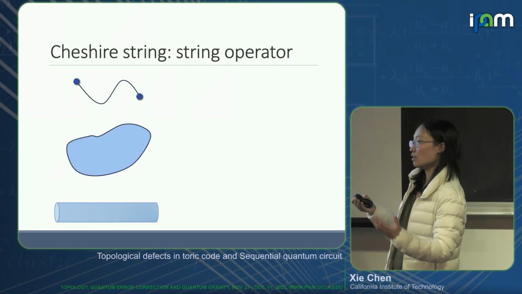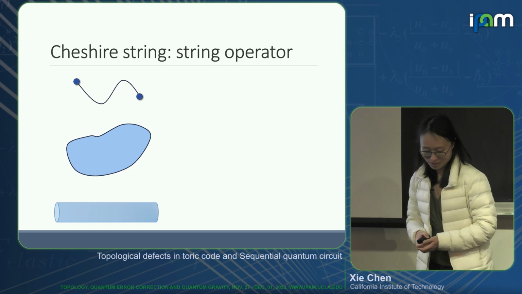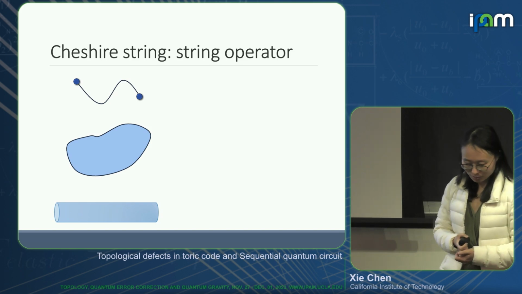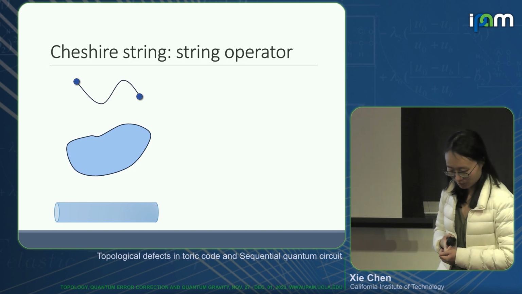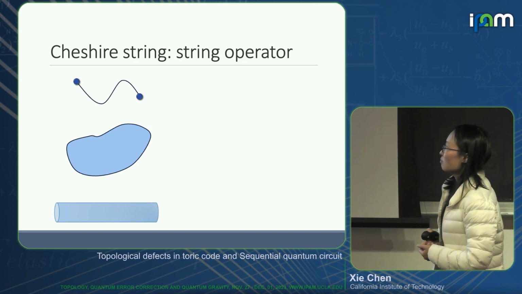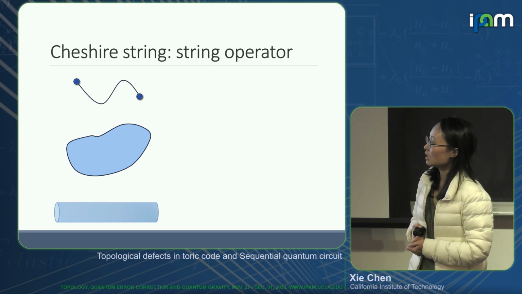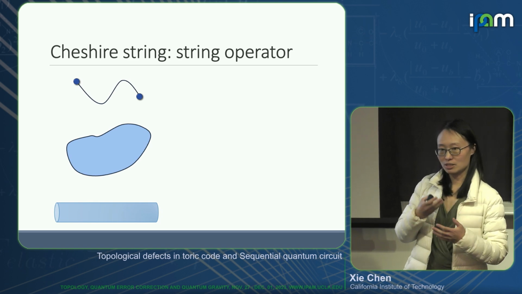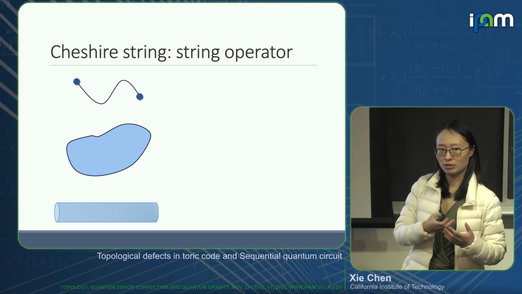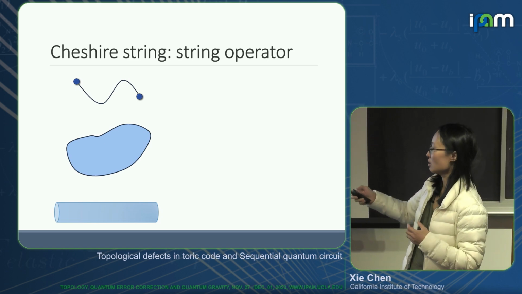And then my question, so from someone who has always been playing with these models on a lattice, my question about Cheshire string is that it's always discussed in a very different way from how we usually talk about excitations.